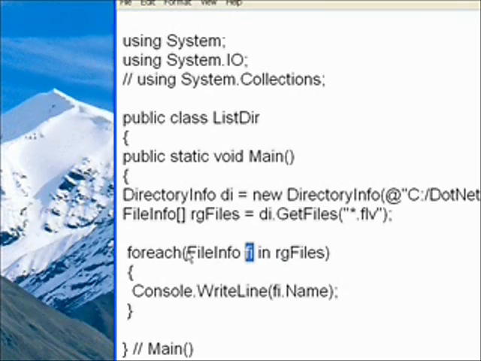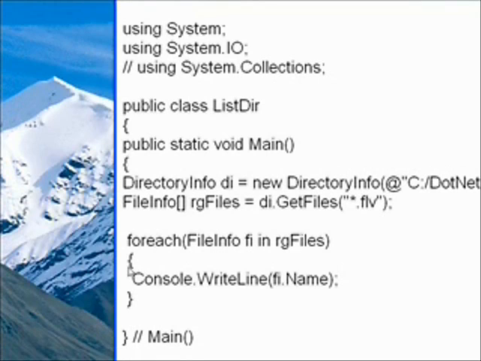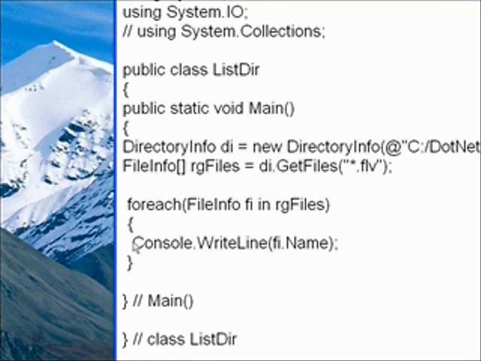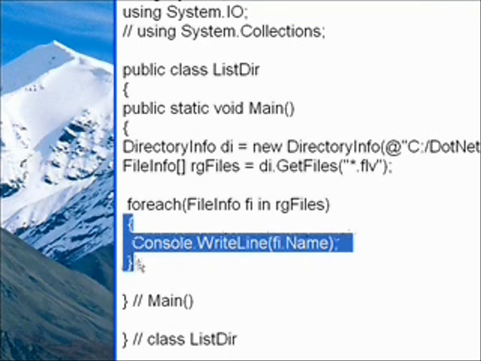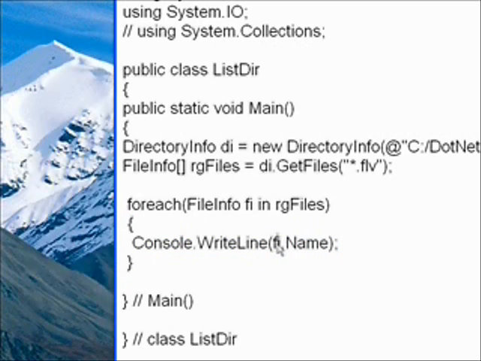And then all we're doing within the loop is a Console.WriteLine of fi.Name, and Name is a property of an object of FileInfo type. So Name actually contains the file name of what was read in.